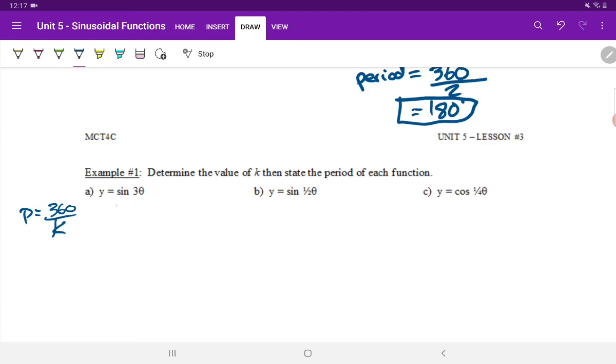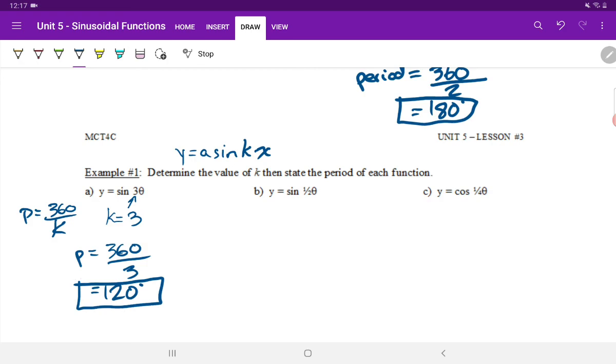What's our k value here? It's 3, because it's in this format. So we get P equals 360 divided by 3, which in this case means our period would equal 120 degrees.